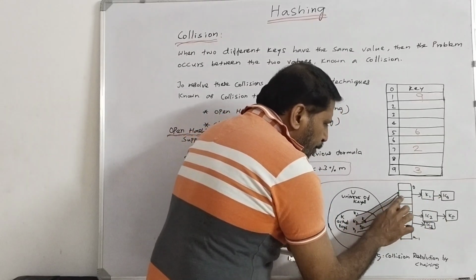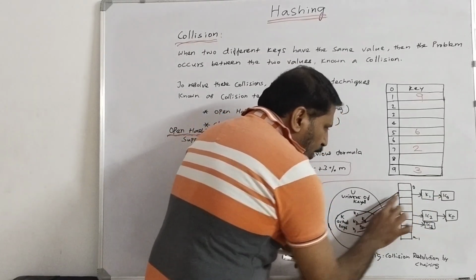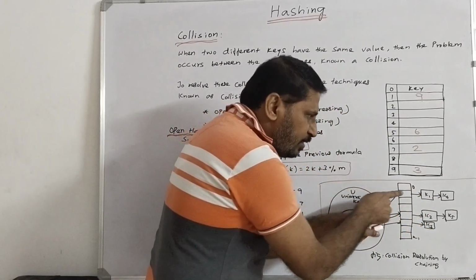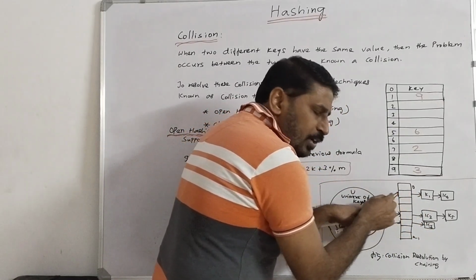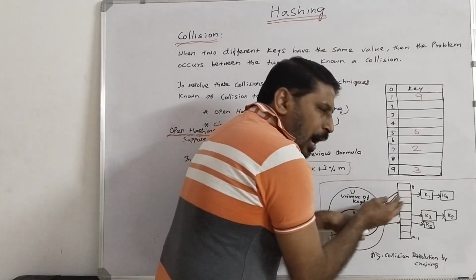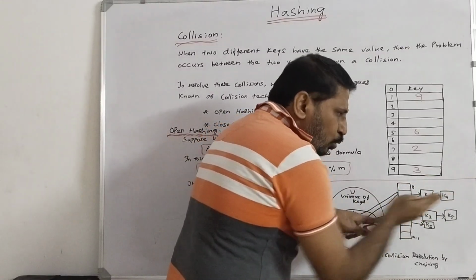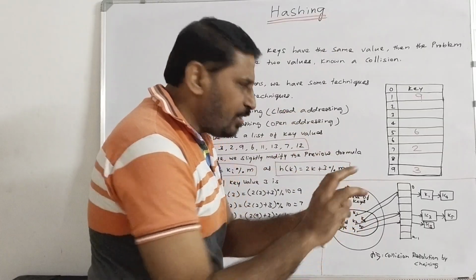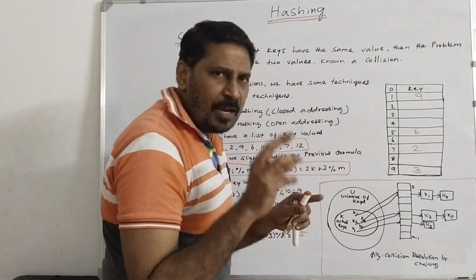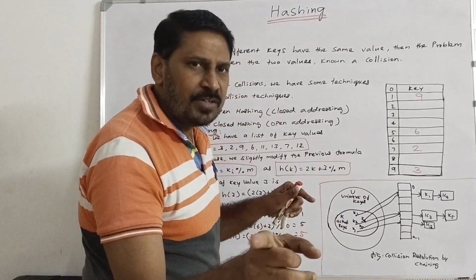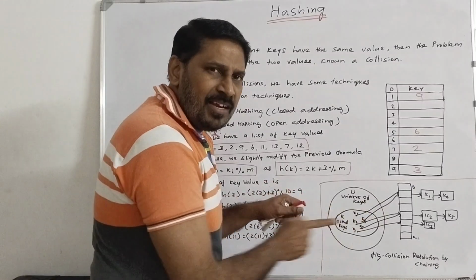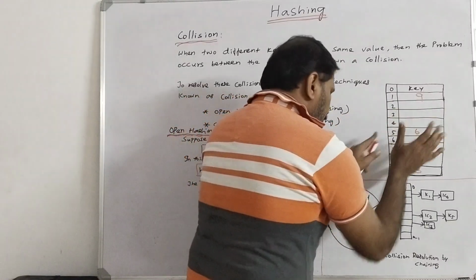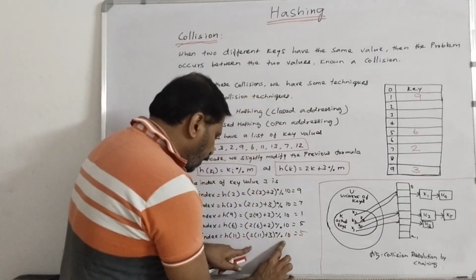K1 is placed at an index, and K4 also points to the same index. At that time, instead of storing two values there, I make one chain. Through that chain, I create a separate memory address and store the value there, making a connection. This type of connection is called chaining. That same chaining we are going to implement here.